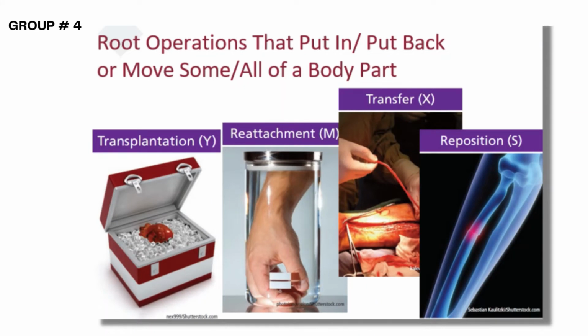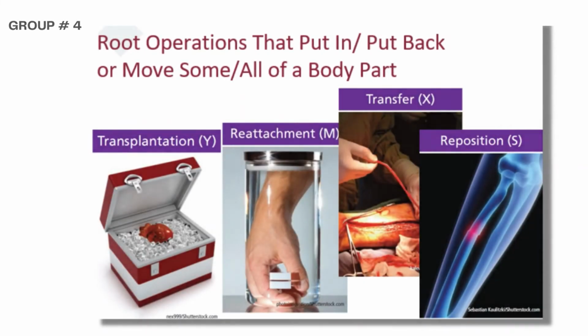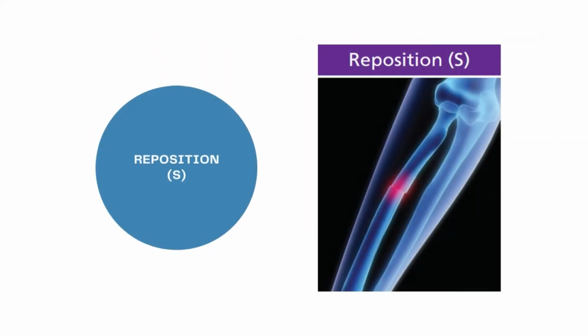There are 4 root operations in this group: transplantation, reattachment, transfer, and reposition. So today we are looking at the root operation reposition, which carries a character value of S.